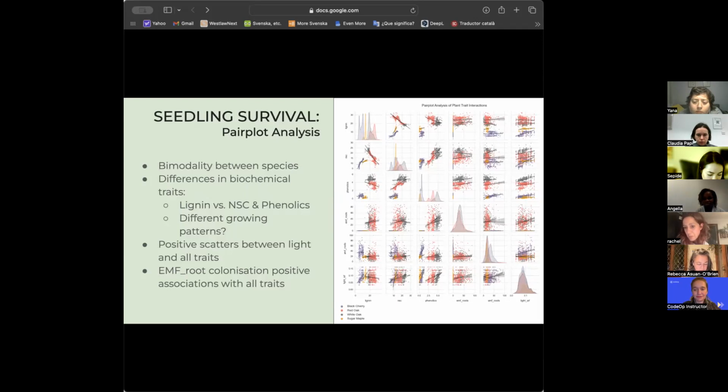The cherry and the sugar maple have lower biochemical traits, and they also seem to have positive associations with each other, so increasing lignin or increasing NSC resulted in an increase in another biochemical trait.